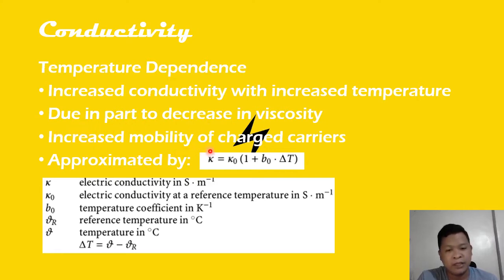And then this is approximated by this equation over here, where the electrical conductivity is equal to the electrical conductivity at the reference temperature multiplied by a certain factor, which involves the temperature coefficient for that material, as well as the temperature difference between the reference temperature and the temperature that you are working with.